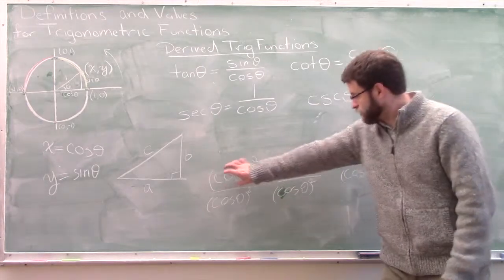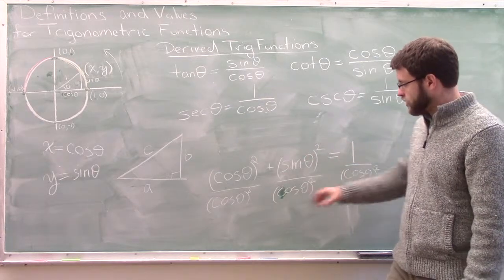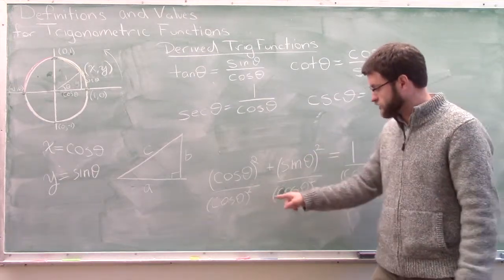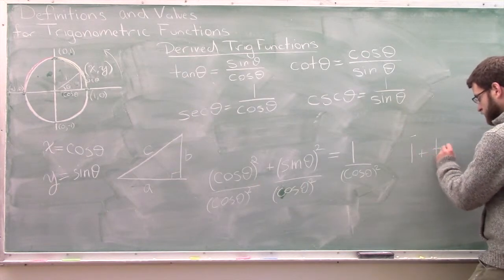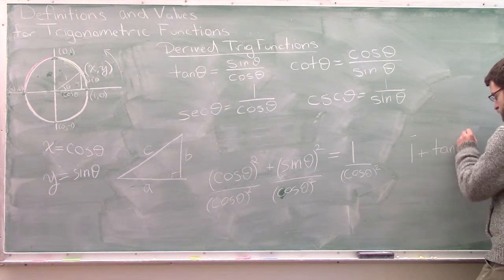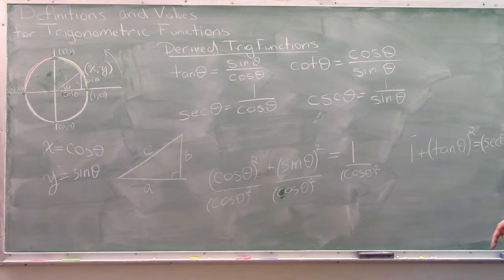Okay, so if I take the original Pythagorean identity, divide everything by cosine squared, the result is 1 plus tangent squared is equal to secant squared. Okay. And this is another Pythagorean identity. This is something that you can use in any situation where it might be helpful.